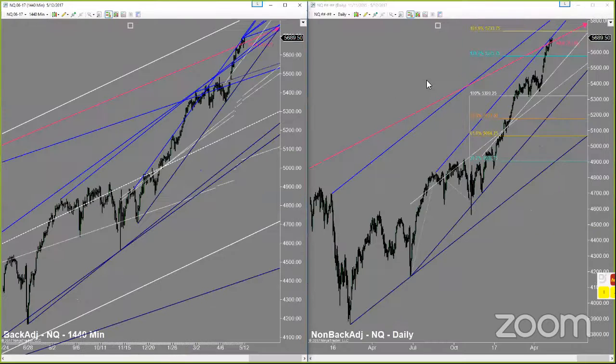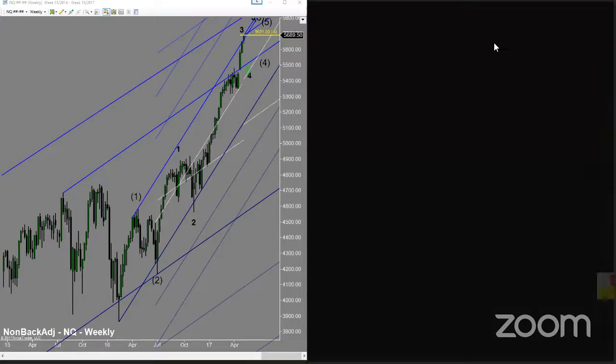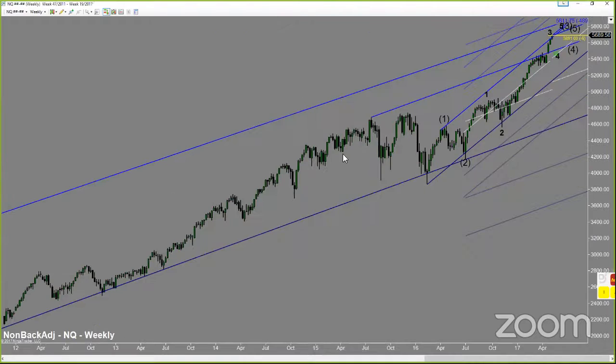That's the 1440 minute. Where's my weekly? Yeah, so excuse me, I'm thinking that the high that we're making is going to be that third wave high. So this is the move we're talking about completing. This is the 5-wave move to the upside. You see?